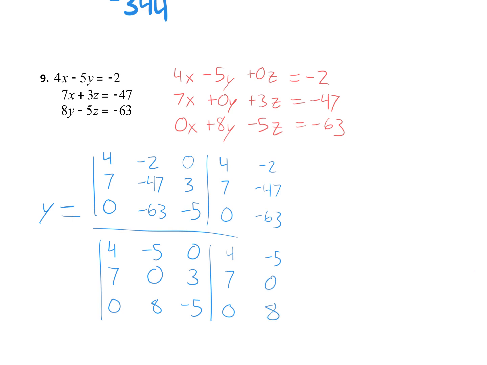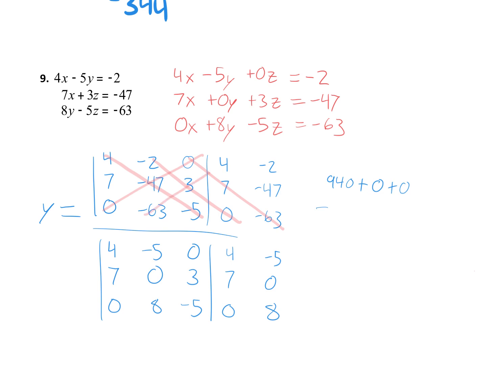Right, and now we multiply 6 triples for each matrix. So first one is, I'll go ahead and highlight them all at once. All right, so that first diagonal, 4 times negative 47 times negative 5, that is 940 plus 0 plus another 0, and then minus these next 3 that I'm about to highlight.